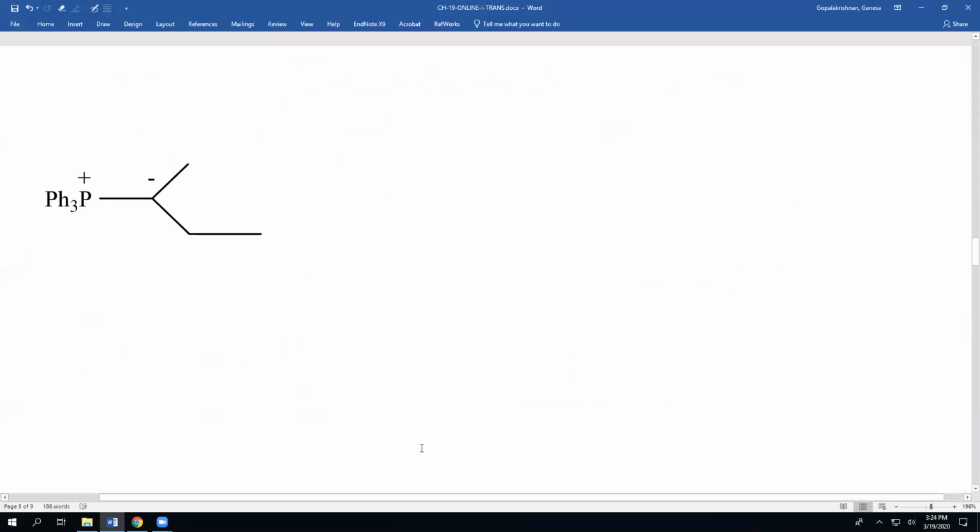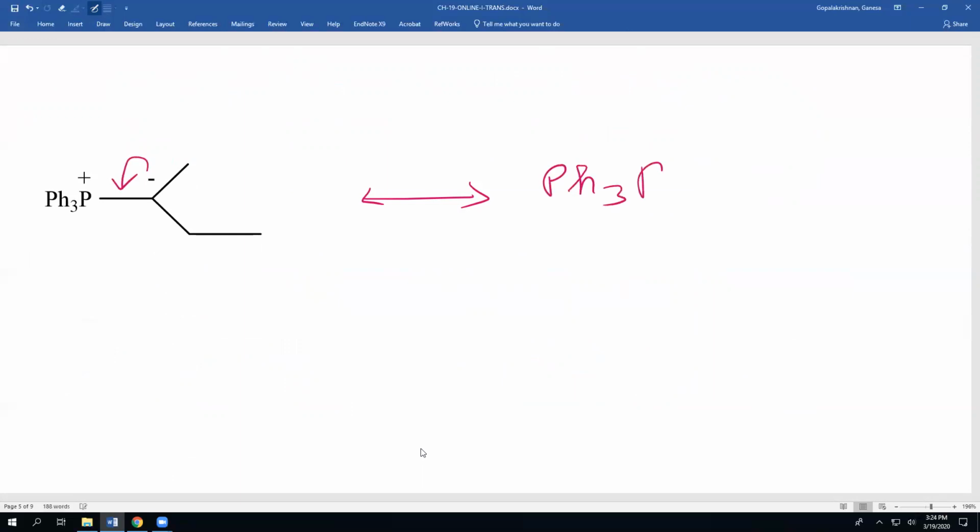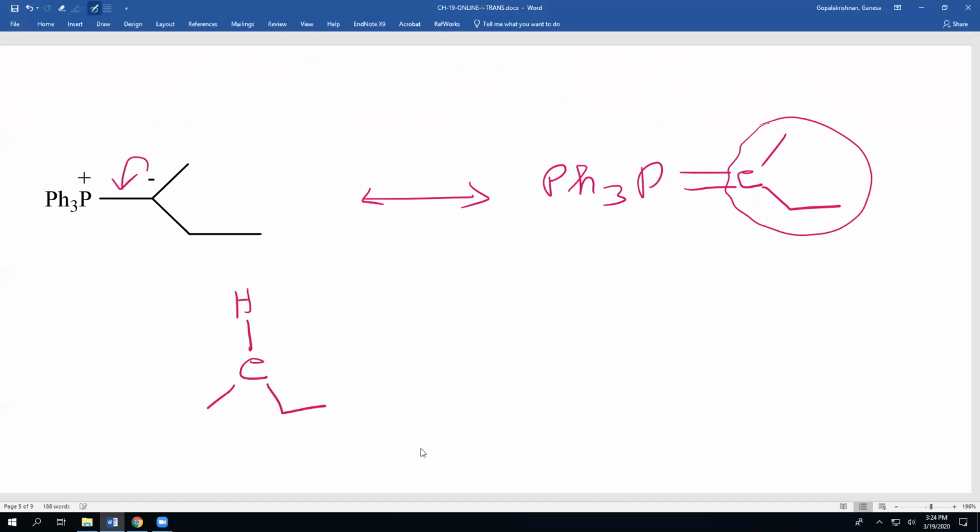If you want to synthesize this one, this is nothing but this one, Ph3P, and double bond, you have a C, ethyl and methyl group. So you have to select an alkyl halide that contains that group. So you say a methyl and ethyl on the alpha carbon.